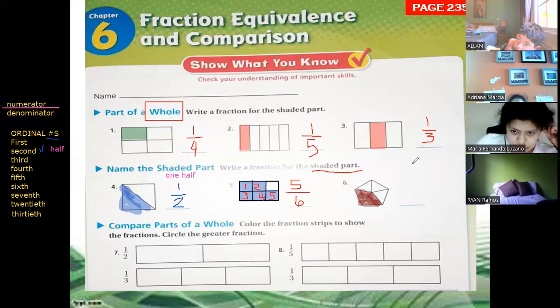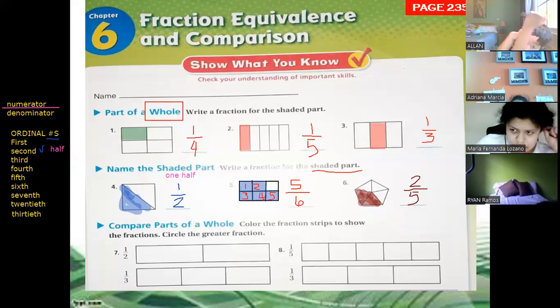How many parts are in color? 2. Okay, that's the numerator. And how many parts is this shape divided into? So the fraction is, how do you read this fraction?